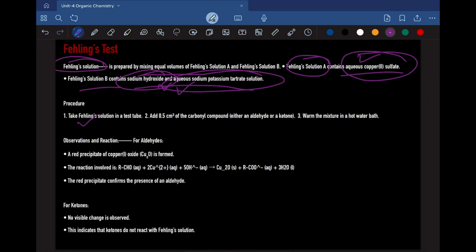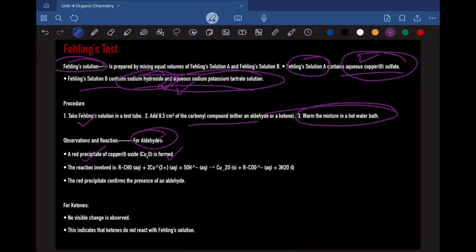Now take this Fehling solution in a test tube. The procedure is that we take the Fehling solution in a test tube. Then we add 0.5 cm cube of carbonyl compound, either an aldehyde or ketone, and then we warm the mixture in a hot water bath, exactly the same as the Tollens reagent. For an aldehyde, we will observe that a red precipitate of copper I oxide is formed.